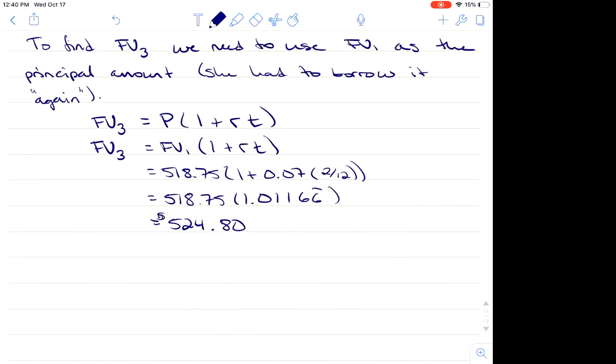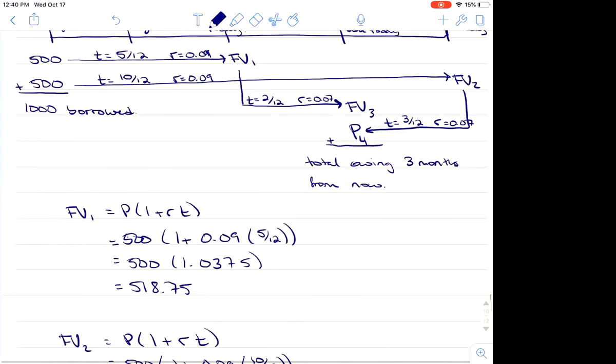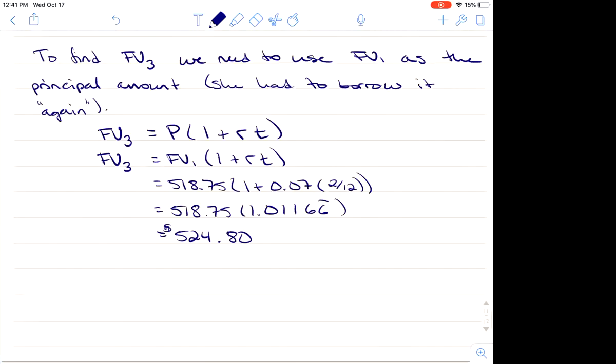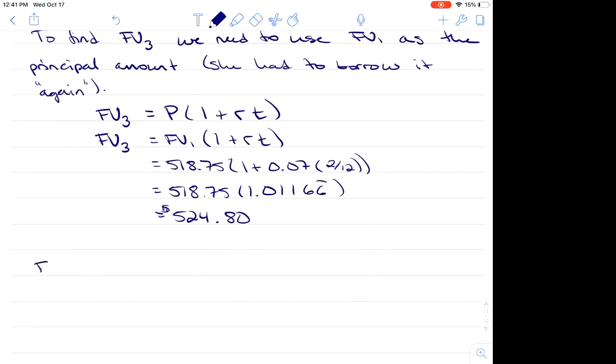Now we can find this last present value, or the principal amount, because she's not paying it back 6 months from today. She's paying it back earlier, so we can discount it back to 3 months from today. For P4, we use the future value as future value 2.